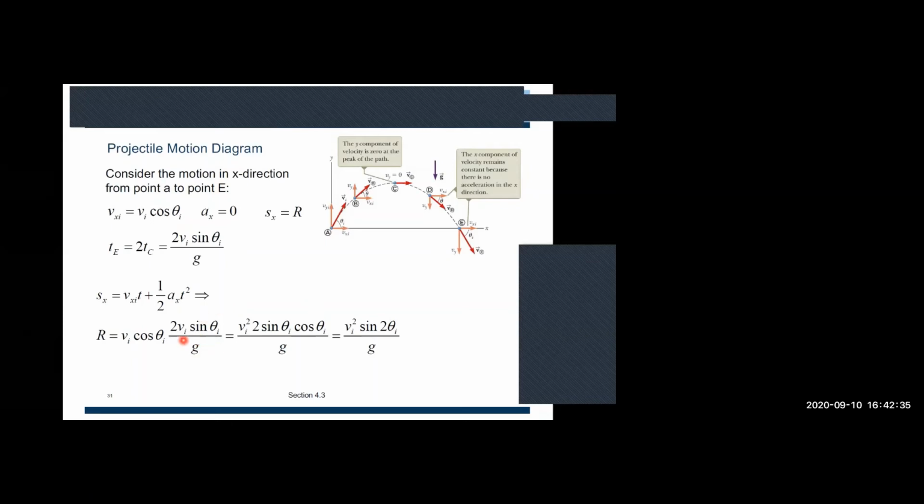Actually, I don't think you would need to use the 1/2 at squared at all, because you just need to put in Vxi, which is Vi cosine theta i, and multiply by the total time, TE, 2 Vi sine theta i over g. In this way, you would calculate the range.